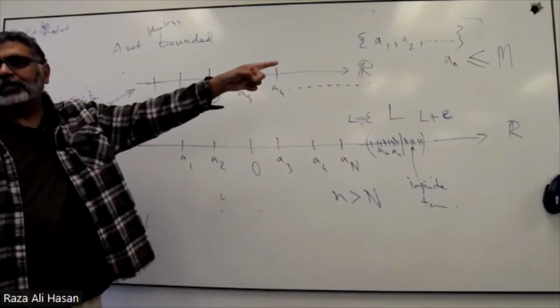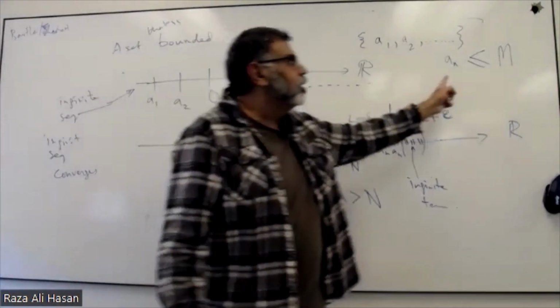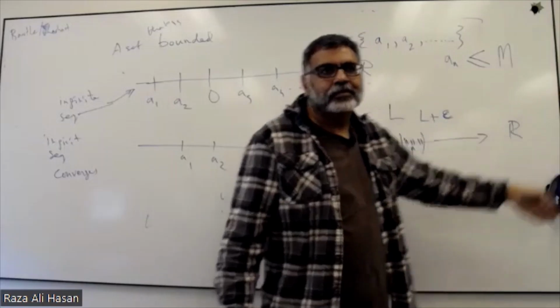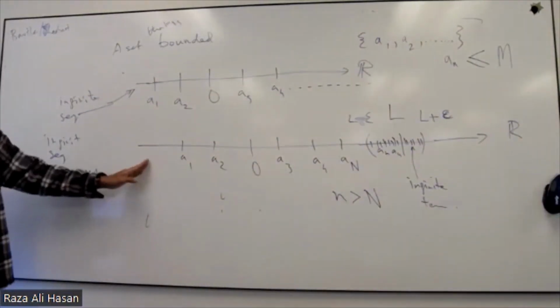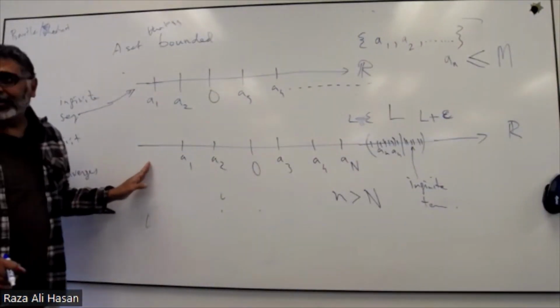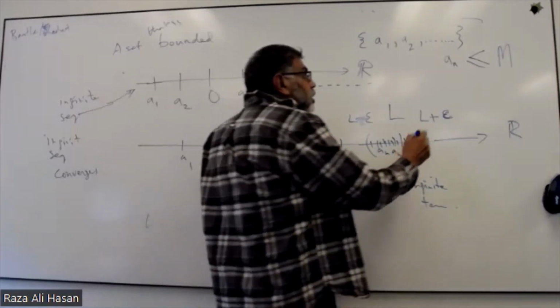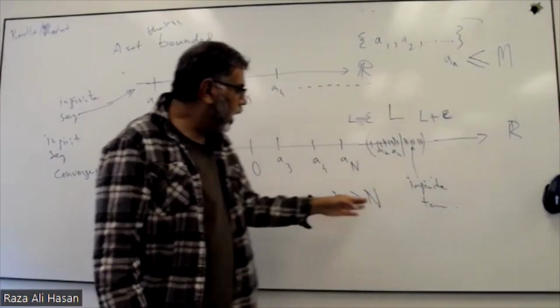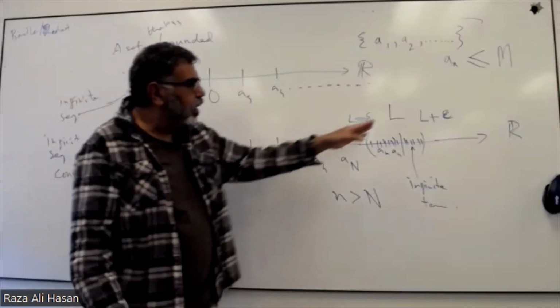So the problem is that this gives us the bound on the right side. We also want the bound on the left side. What this is saying is we have a sequence, and let's assume it's this sequence.